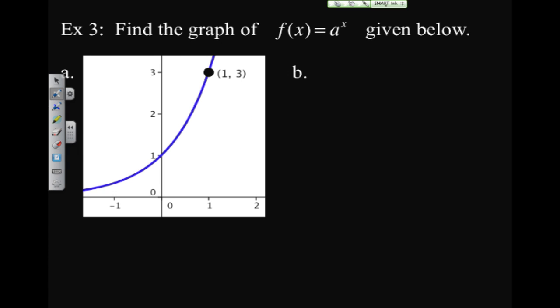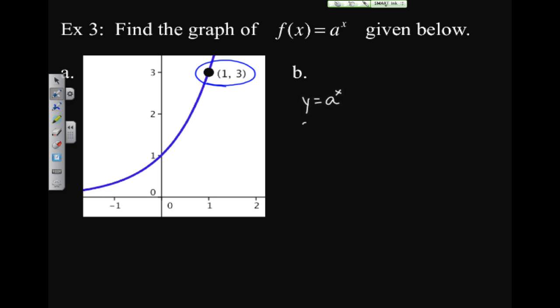For example 3, we want to find the graph of f of x equals a to the x given below. So the key thing is we know, you can ignore that b there, but we know that y will equal a to the x power. Well, the nice thing is they give us this ordered pair right here. That's one of the points on the graph, so it makes this equation true.